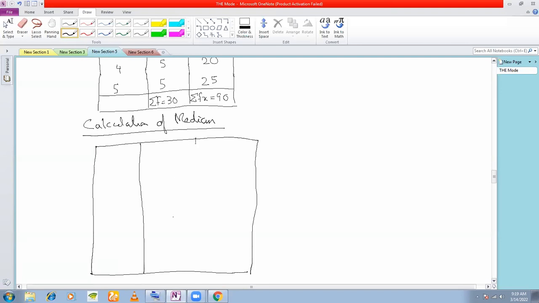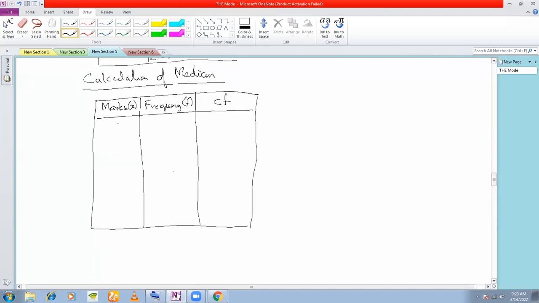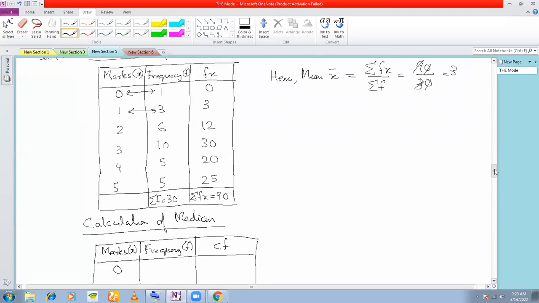This is for marks, X. This is frequency, F. And this is cumulative frequency, CF. Starting from 0, 1, 2, 3, 4, and 5. Write down the corresponding frequencies, 1, 3, 6, 10, 5, 5.